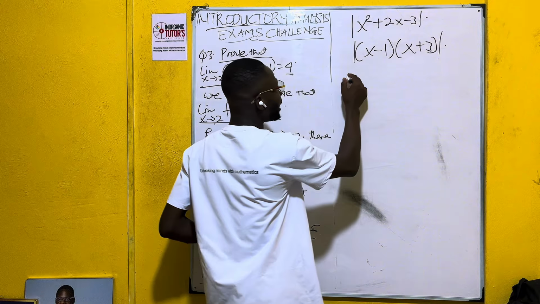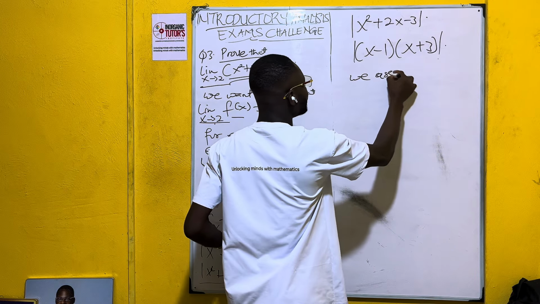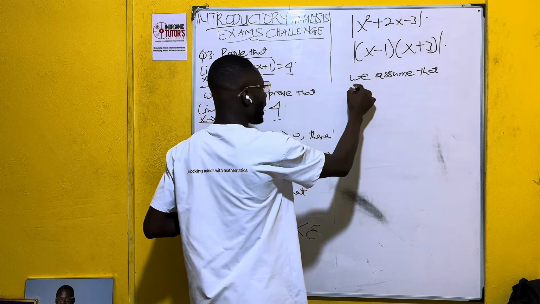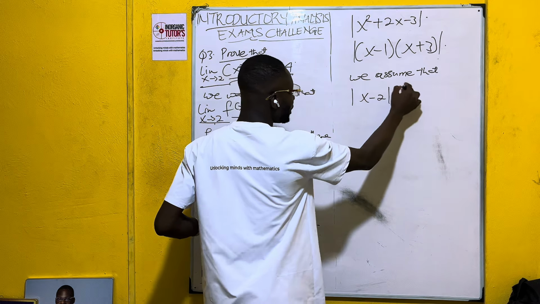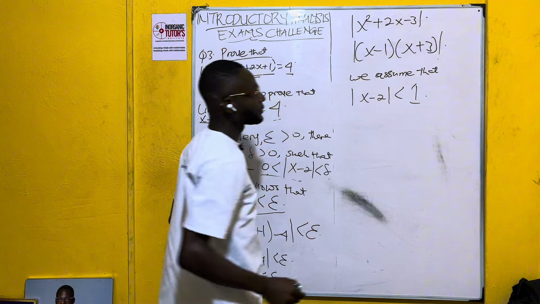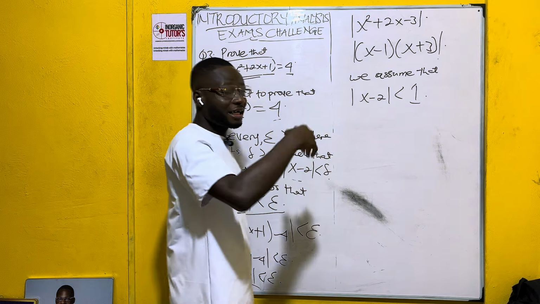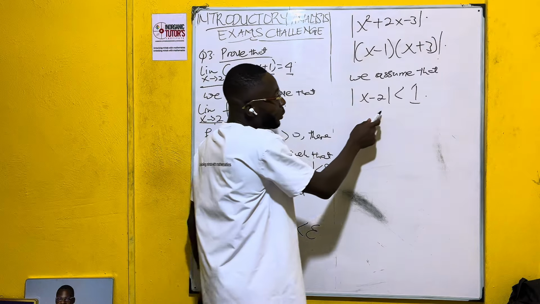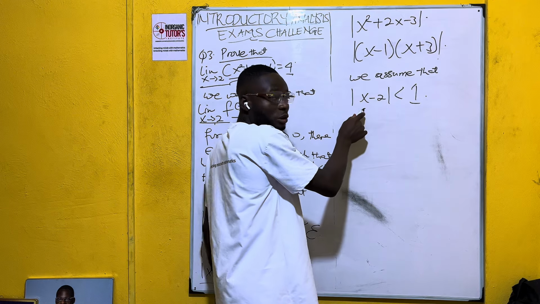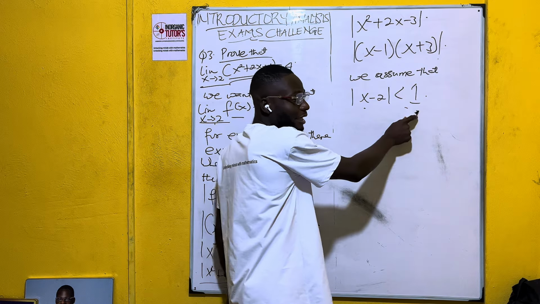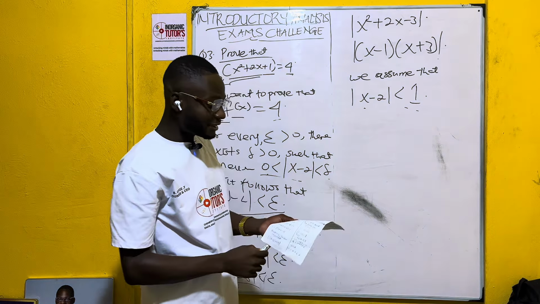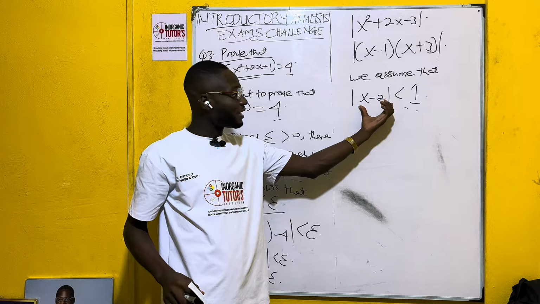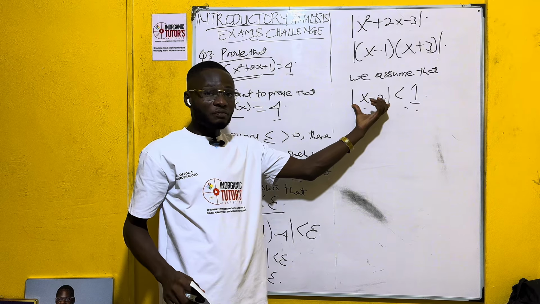So we assume that the absolute value of x minus 2 is less than 1, right? We are finding a term that is near x equals 2. If that is the case, we know that the absolute value of x minus 2 contains both positive and negative.